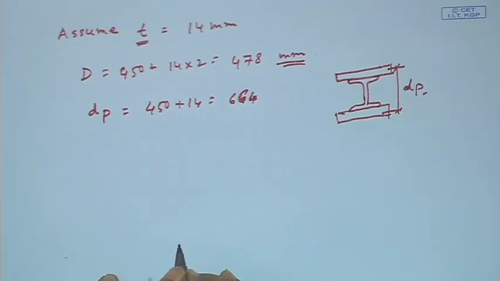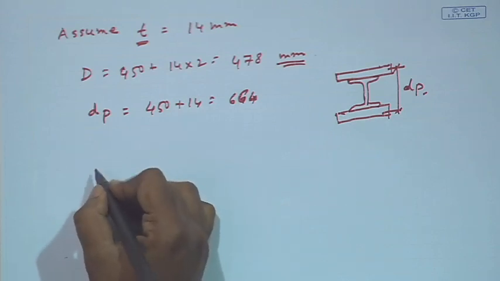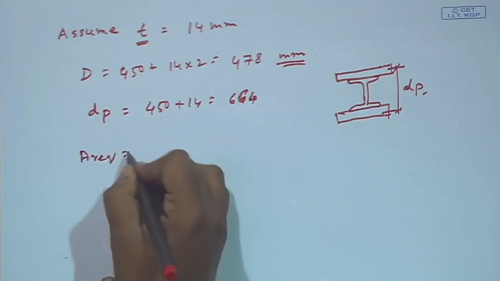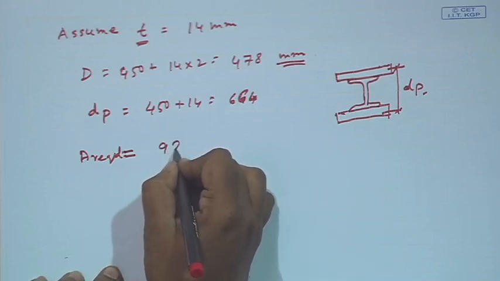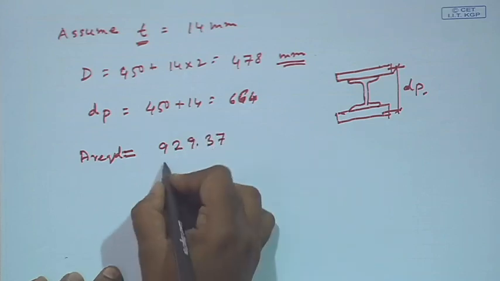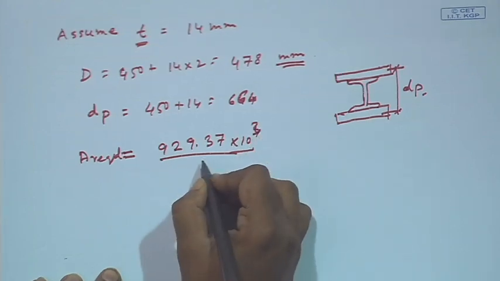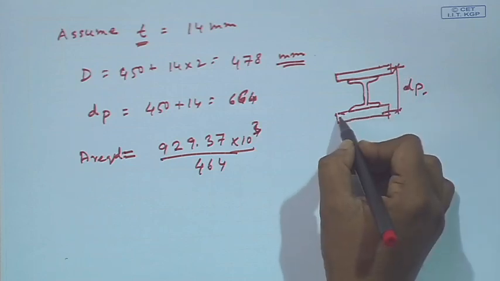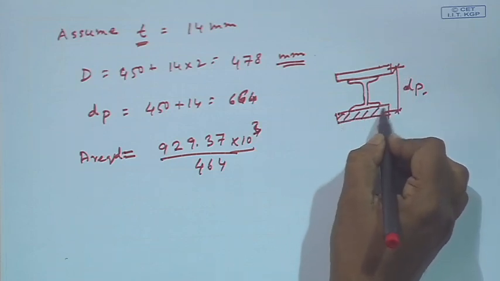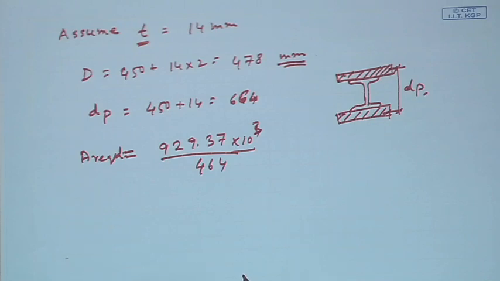So, from the plastic section modulus, the required area of the plate we can find as the additional section modulus which has to be achieved through the plate, 10 cube divided by 464, because we need to find the section modulus of the plate as the additional section modulus which we need to achieve.